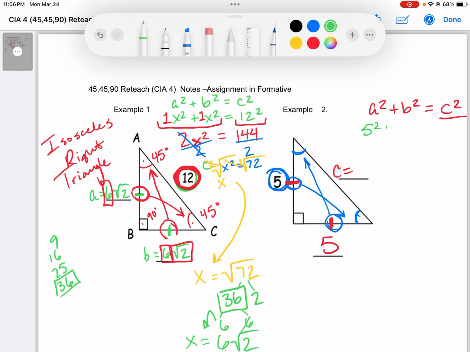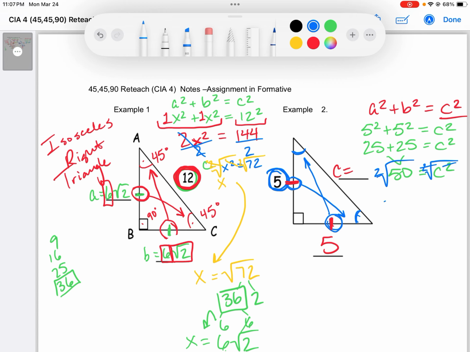That's what I don't know. So I have 5 squared plus 5 squared equals c squared, and that's 25 plus 25 equals c squared. And so I get that 50 equals c squared. And now I want to get rid of the exponent. Well, how do you cancel out a power? A root.